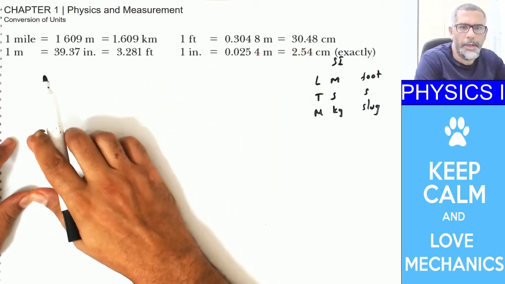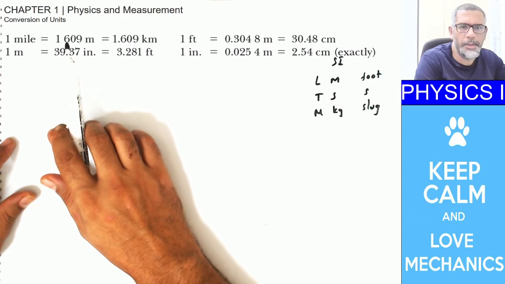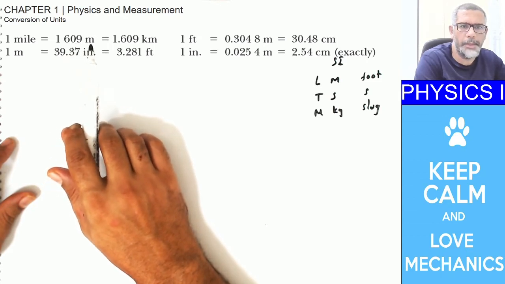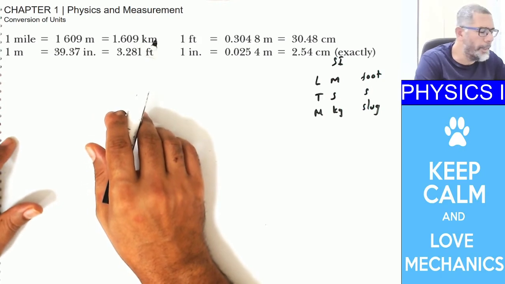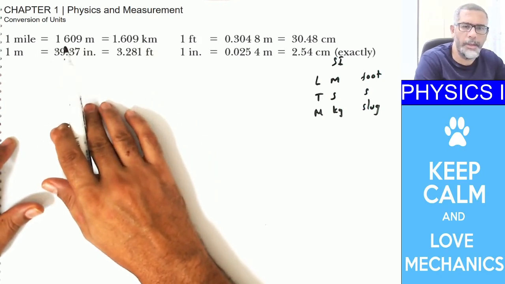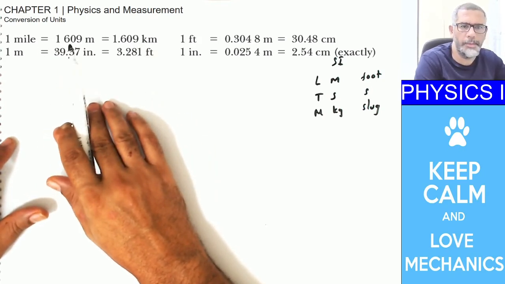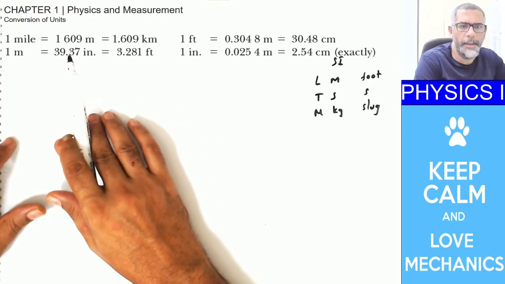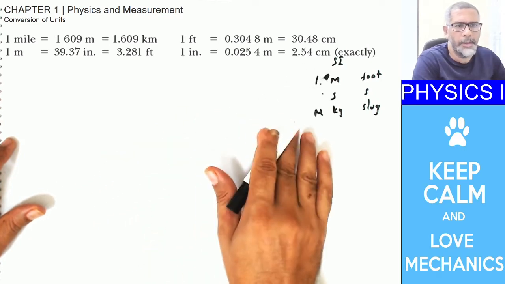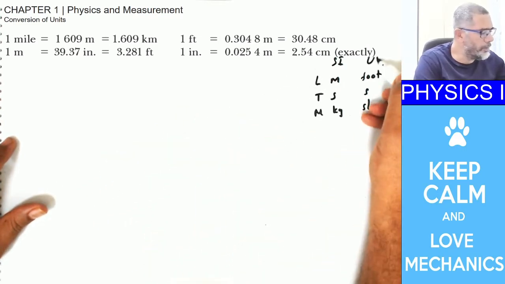And 1 mile corresponds to 1,609 meters, or approximately 1.6 kilometers. It's also in the US customary unit system. So these are length conversions between the SI unit system and the US customary unit system.